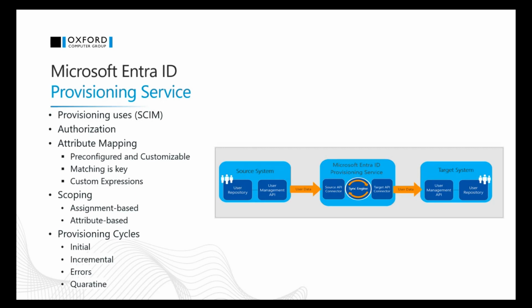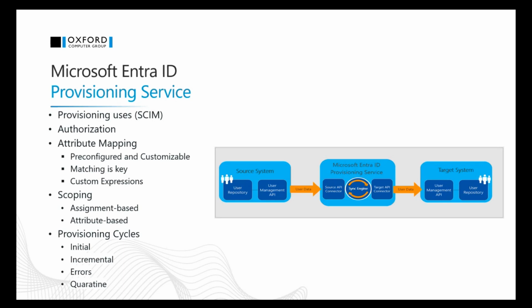This is going to the target. Anything coming from a source, you're going to have to make sure that you do your fulls and your deltas that way. One thing to point out here is if you do want to have another initial or a full full sync, you do have the option to stop your provisioning service and restart it. So whenever it is restarted, it's going to do an initial sync.